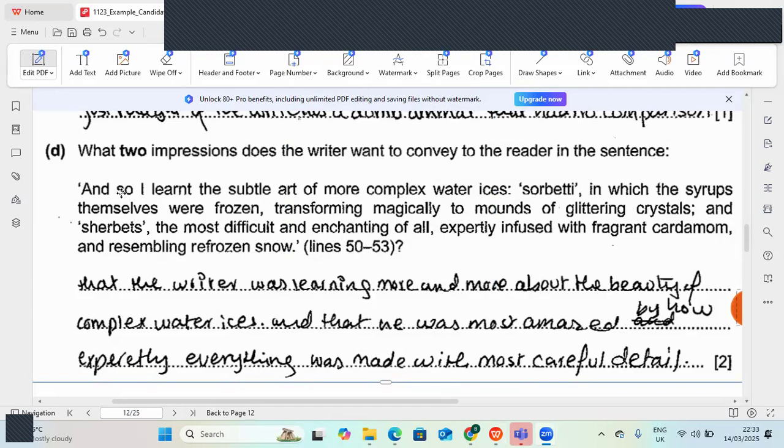So impression is when you read something, what comes to your mind? What is being created through the words in your mind?